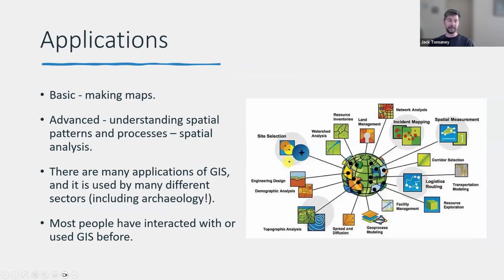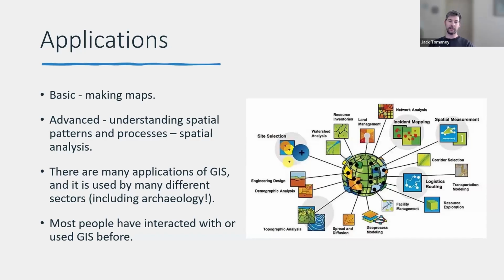GIS really operates on many different levels. As I've said, at its most basic level, it's used for just making static maps. But a more complex level of GIS is used for advanced analysis of spatial data through the use of tools that help to explore and relate seemingly unrelated data, helping to understand spatial patterns and processes, known as geospatial analysis.